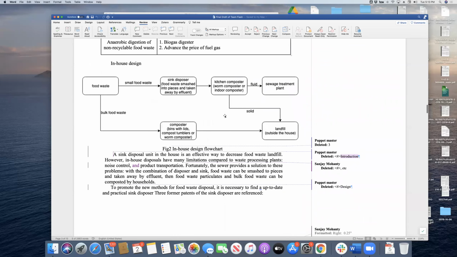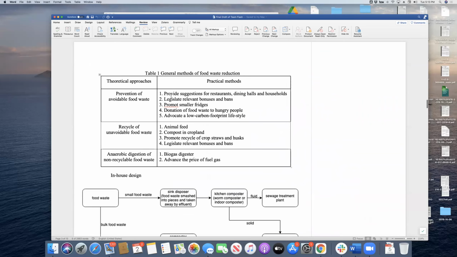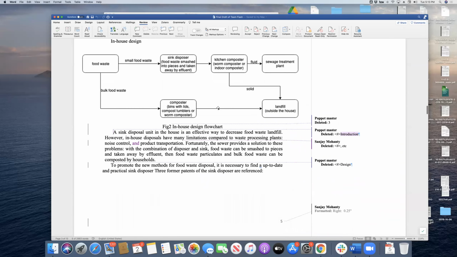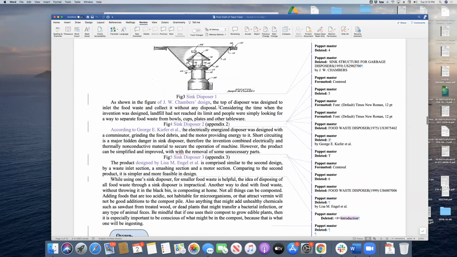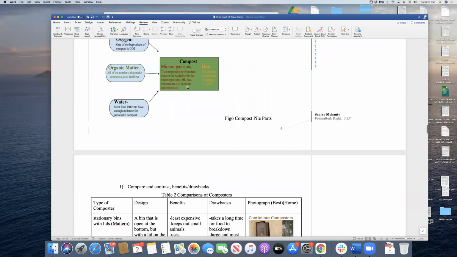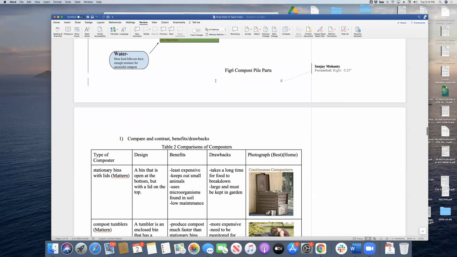You can create this kind of flow chart on your own, as opposed to explaining everything in text. You can do that by having tables or flow charts or graphs that help you explain your presentation better. And then they have all these techniques. Again, you will not know what that means until you read the paper, but at least you can take these pictures and put them in your presentation, PowerPoint or Google Slides, for your final class.